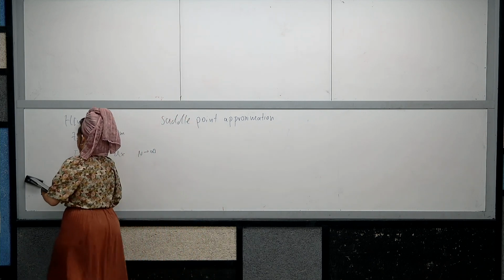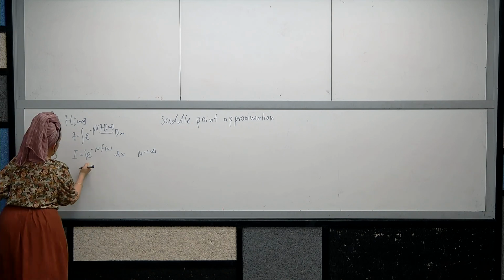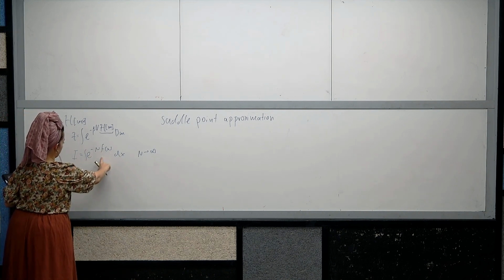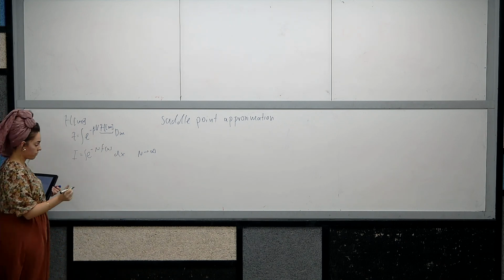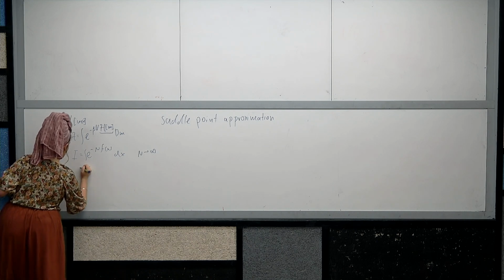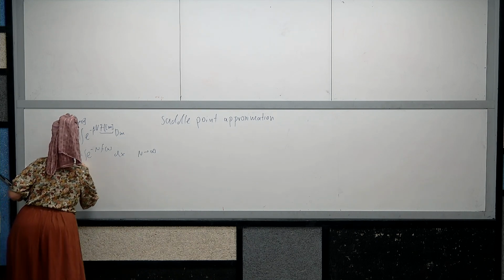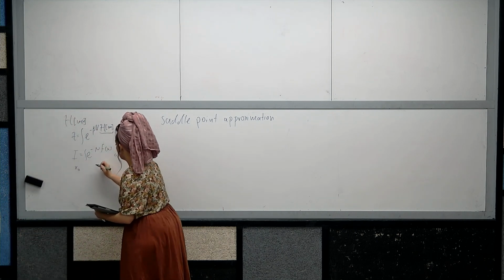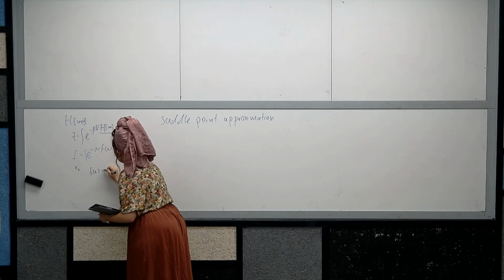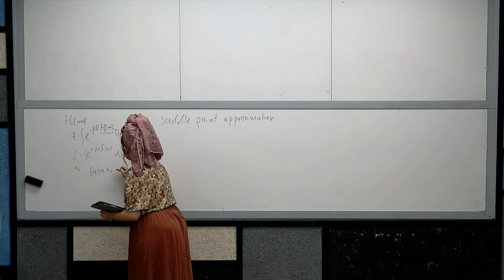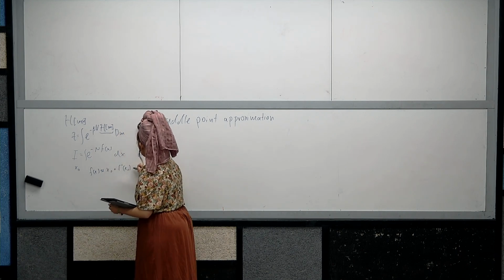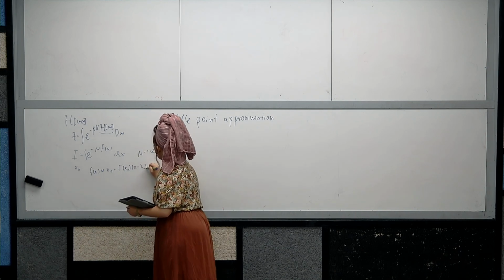Okay, so we start by doing a Taylor expansion of this function around its minimum. Okay, is it okay right now? So say the minimum is x0. So f(x) equals f(x0) plus zero.